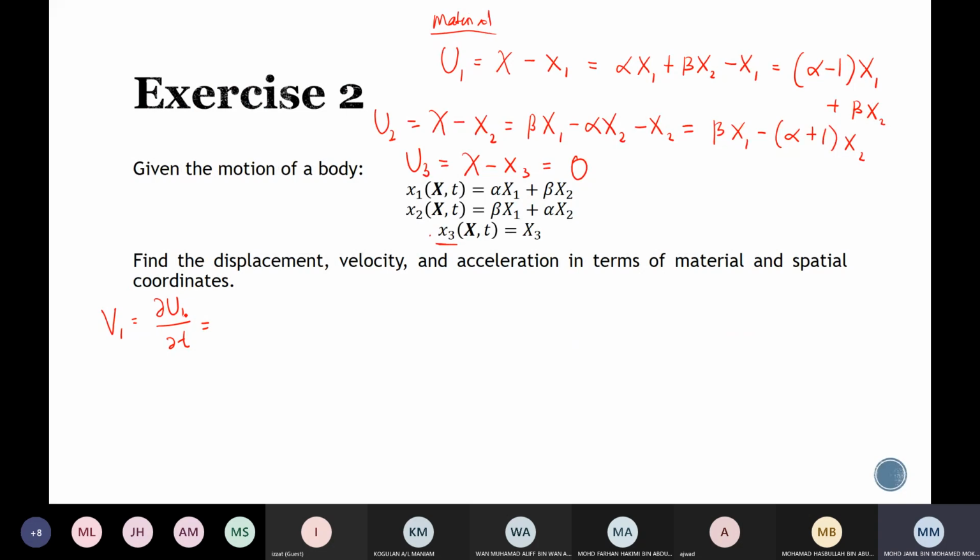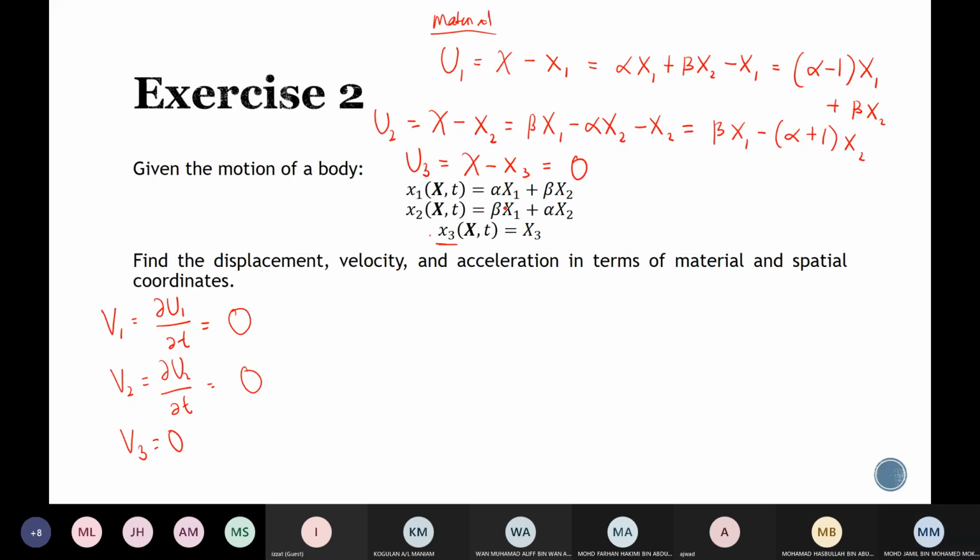So del U1, del T. So from here, oh, there's no T. So velocity is 0. Similarly V2, del U2, del T. So there's no T here. So everything is constant. Okay. So there is no velocity number 2. So V3 also 0 because the displacement is 0 already.